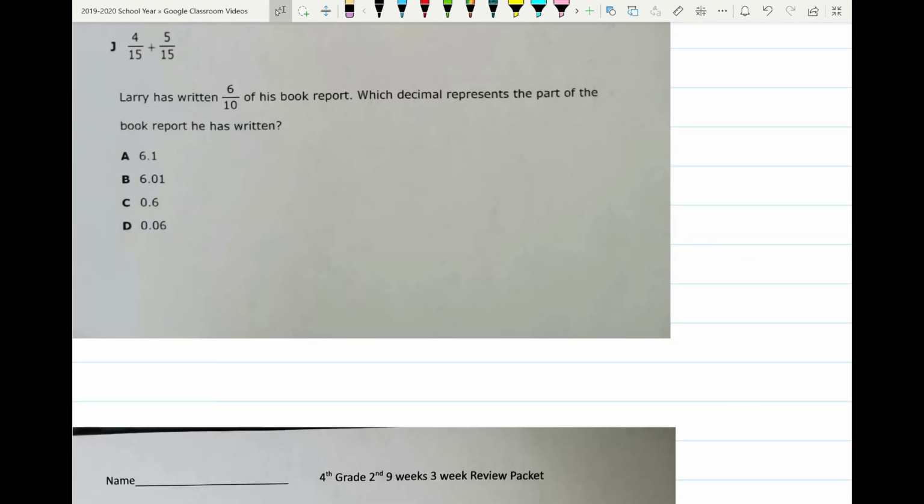Larry has written 6/10 of his book report. Which decimal represents the part of the book report that he has written? Okay. Remember, whenever we're dealing with fractions to decimals or decimals to fractions, my place value matters. So let's see.